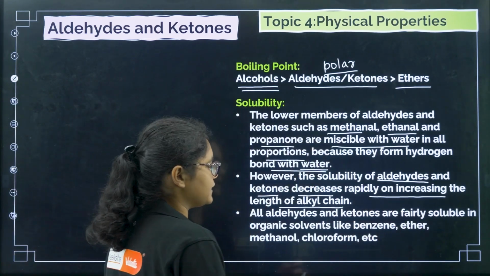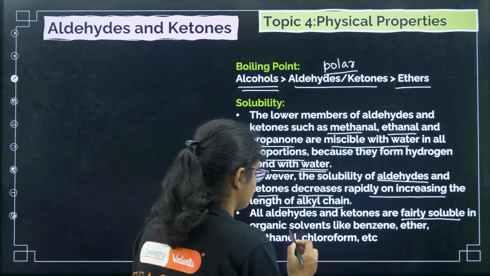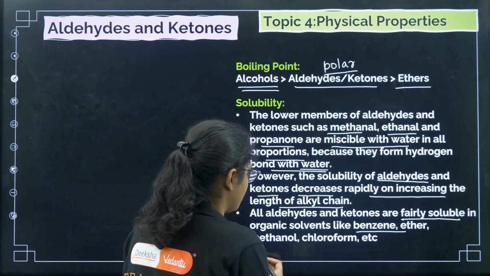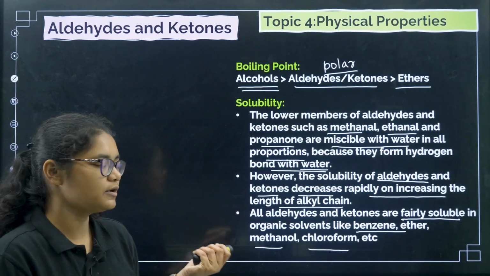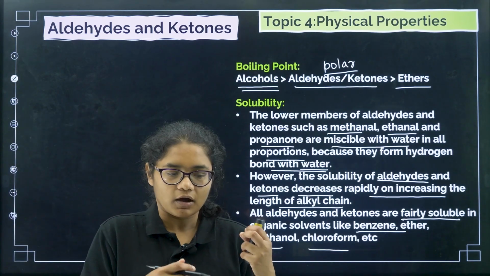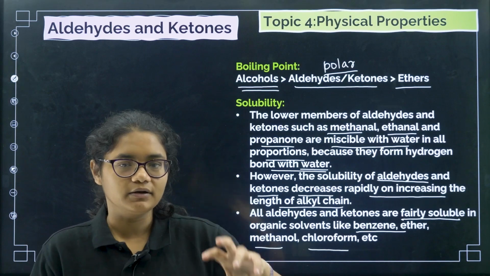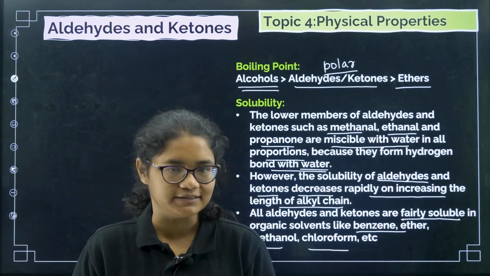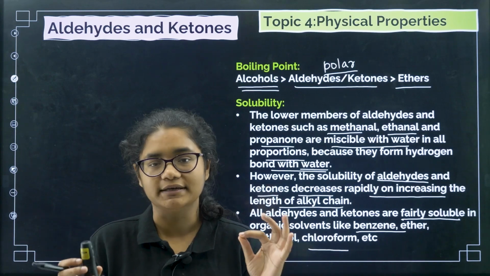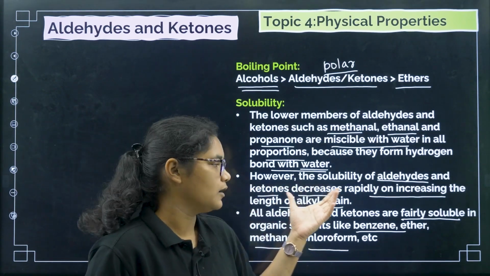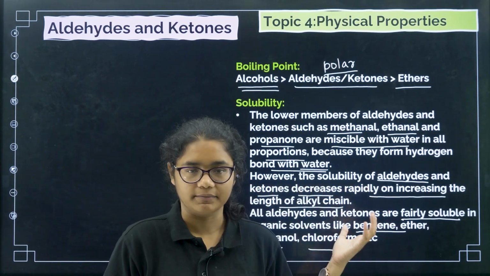But these compounds are very easily soluble in organic solvents like benzene, ether, methanol, chloroform, etc. So this is all about the physical properties. What you can take from here is that the lower aldehydes and ketones are very easily soluble, but as the number of carbons increases, the solubility in water decreases, right?